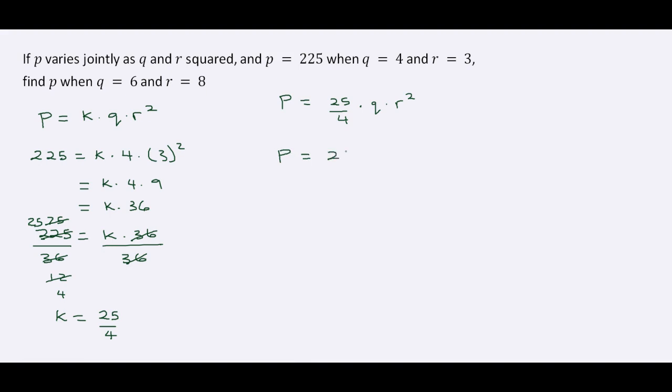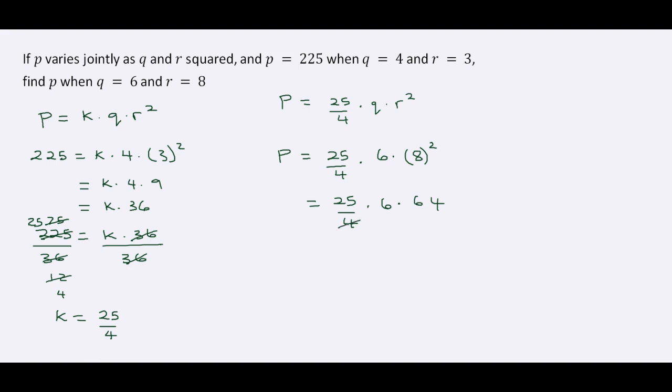So that is 25 over 4 multiplied by 6 multiplied by 8 squared. So this is 25 over 4 multiplied by 6 multiplied by 64.